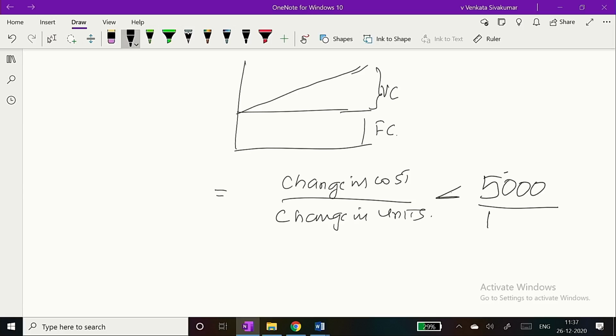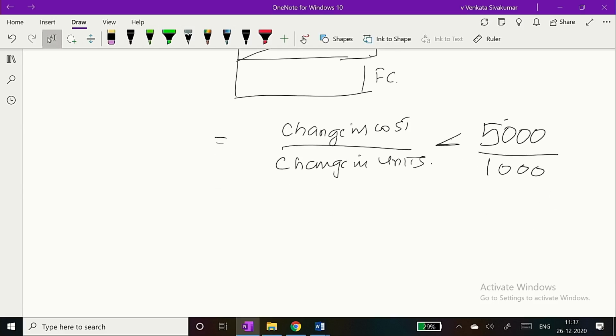Dividing, that's equal to 5 rupees per unit. This is the variable element.